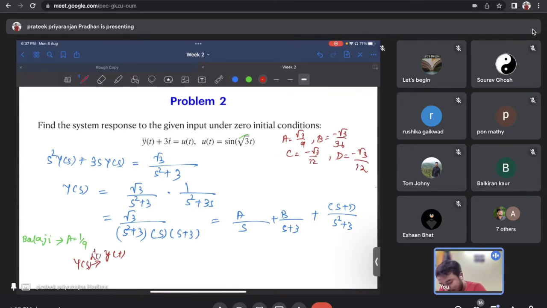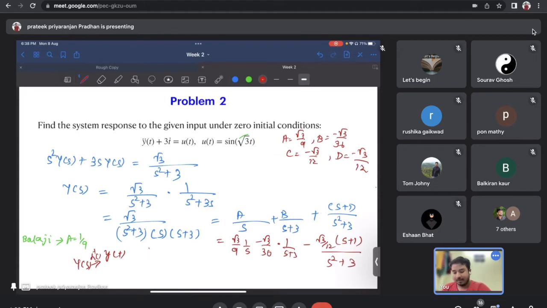So what I have got is y of s is equal to root 3 by 9 into 1 by s, minus root 3 by 36 into 1 by s plus 3, minus root 3 by 12 into s plus 1 whole divided by s square plus 3.